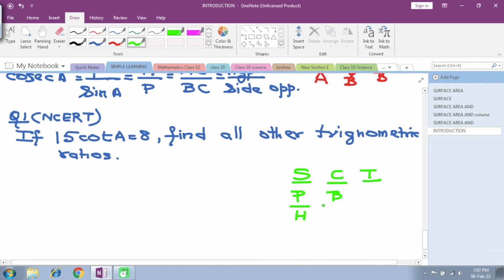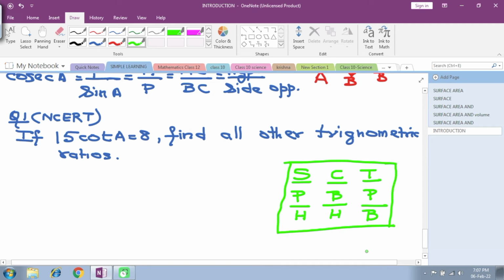Base by hypotenuse. And third one is perpendicular by base. So if you remember SCT, PBP and HHB, then you will not face any problems. S for sine, which is perpendicular by hypotenuse, C for cos, which is base by hypotenuse, and T is for tan, which is perpendicular by base. This is how you can easily learn them.